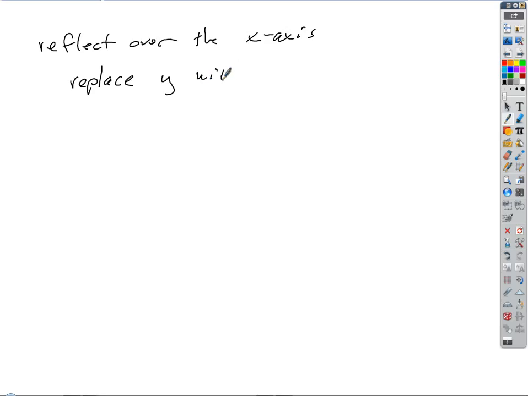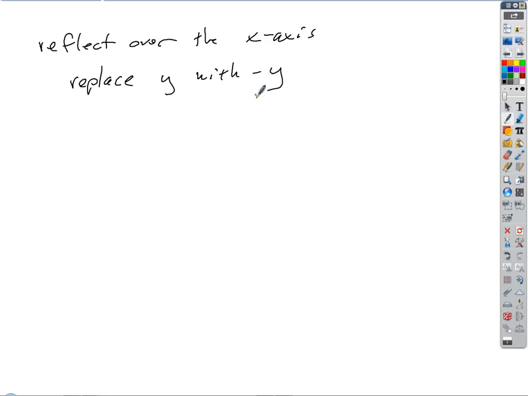To reflect over the x-axis, here's the way I've always taught this. To reflect over the x-axis, all we have to do is replace y with negative y.